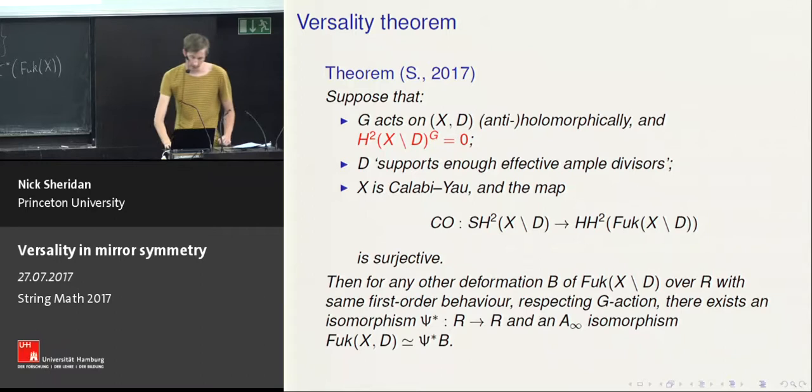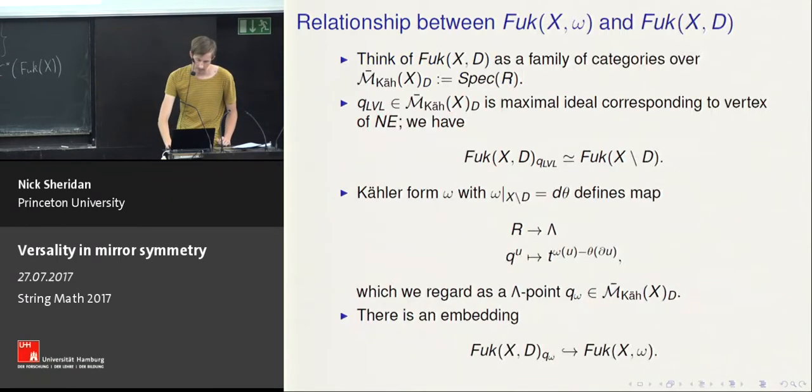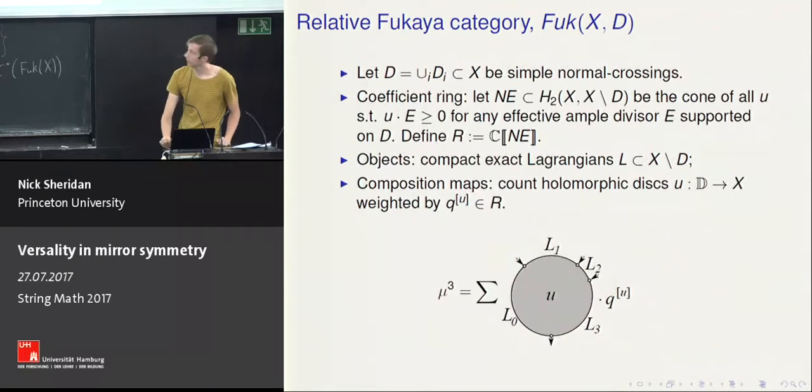Yes. It's this ring R that I defined. To explain, the ring R has a unique kind of toric maximal ideal corresponding to the vertex of this cone of effective relative curves.